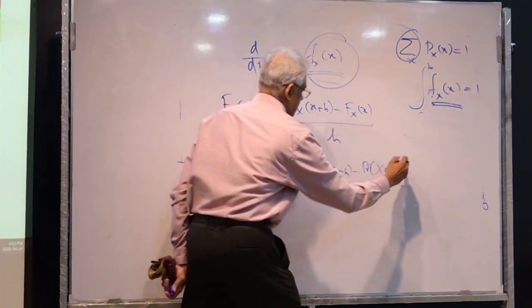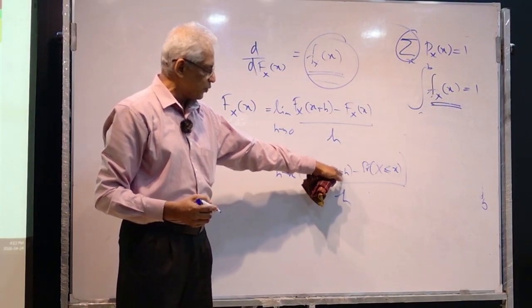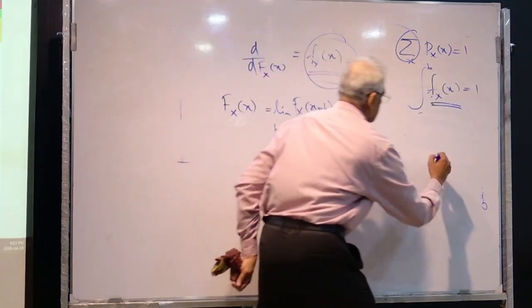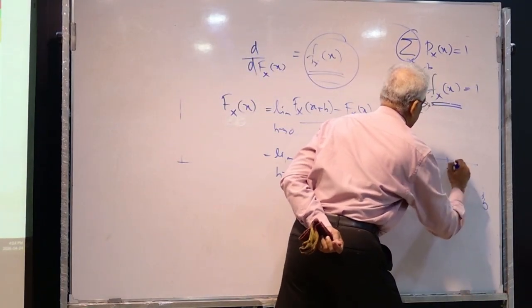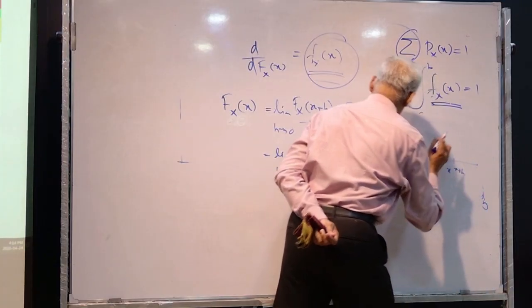Now what is this? Suppose this x is somewhere here, and x+h is this. We are considering this interval here.